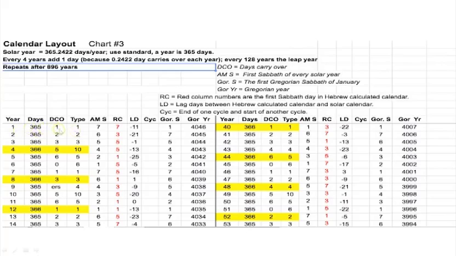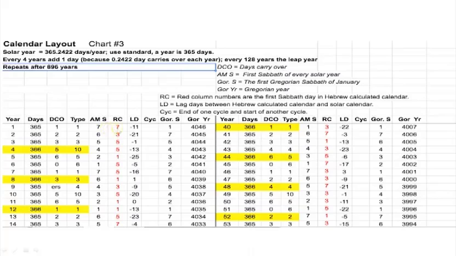Remember, we went back the first year at a 1-day carryover, and there it is. And the type of year, type 1. And the first Sabbath of that solar year was on the 7th. Well, it has to be that way. When we look at this, we see that, of course, here in red is the first Sabbath of the Hebrew calculated calendar. It was on the 7th.